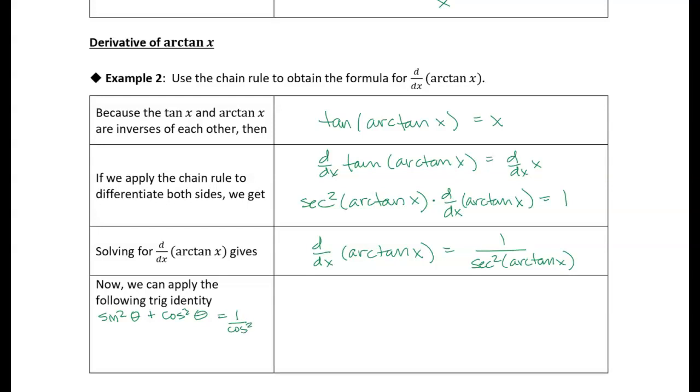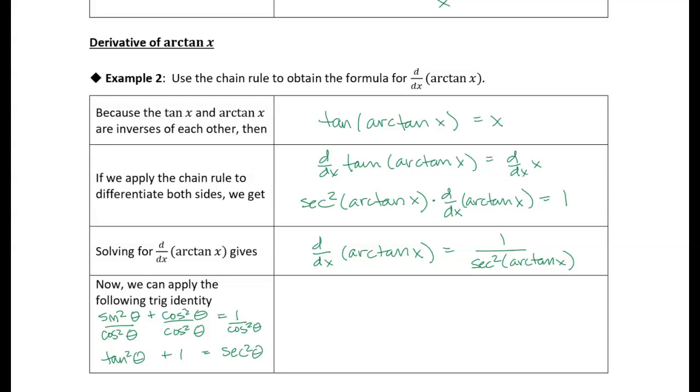So if I divide everything by cosine squared of theta, what I'll end up with is tangent squared theta plus 1 equals secant squared theta. I like that because if I take the tangent of the arctangent, I'll get x back.